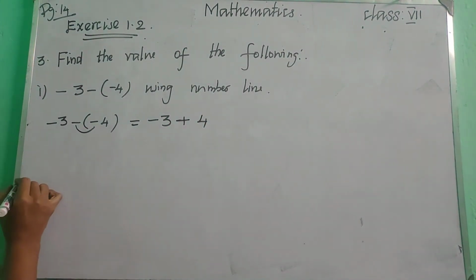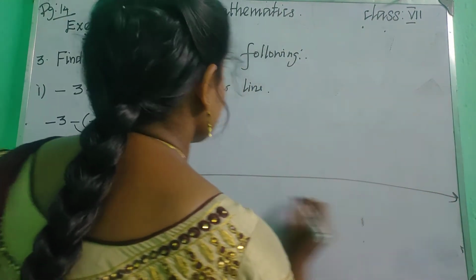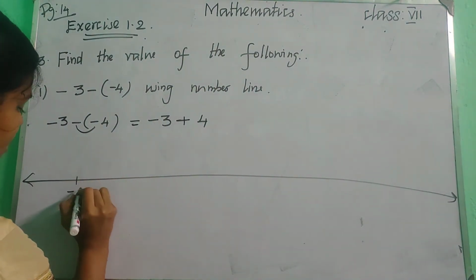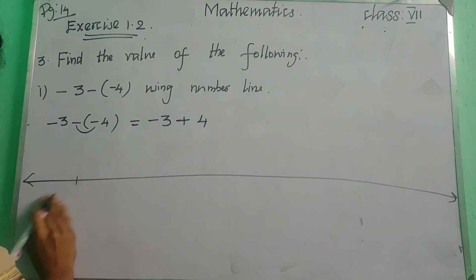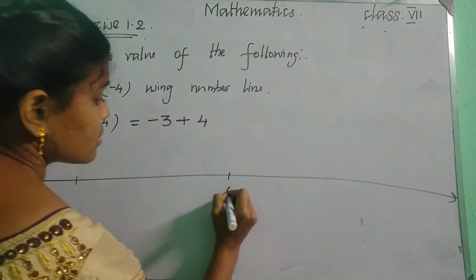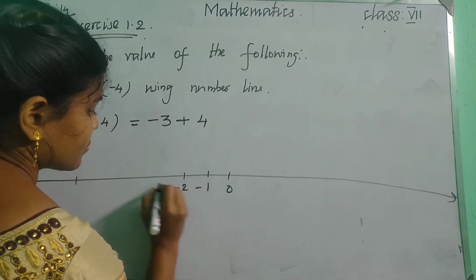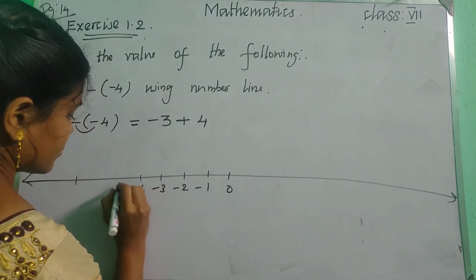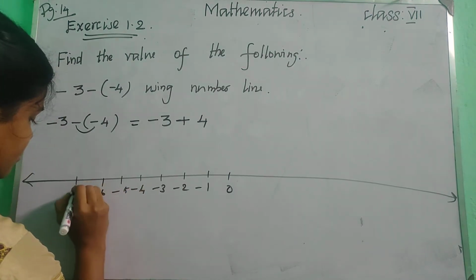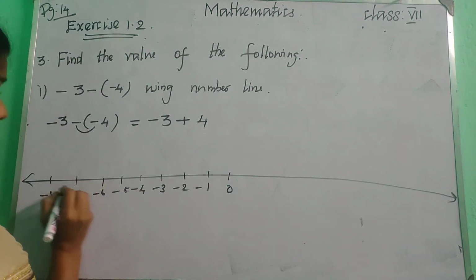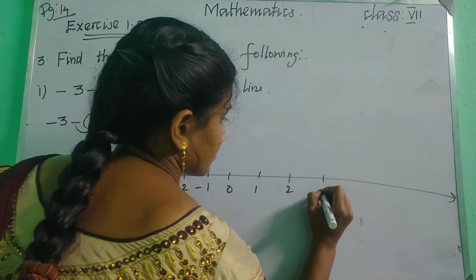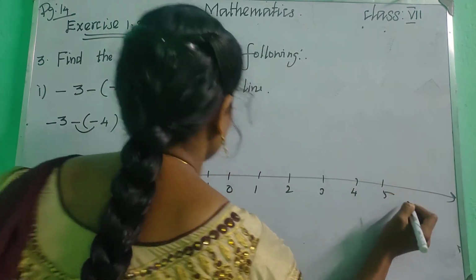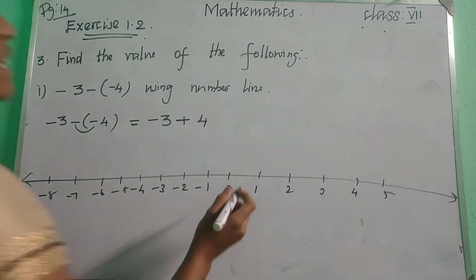So let's draw the number line, with minus 1, 0, minus 1, 0.